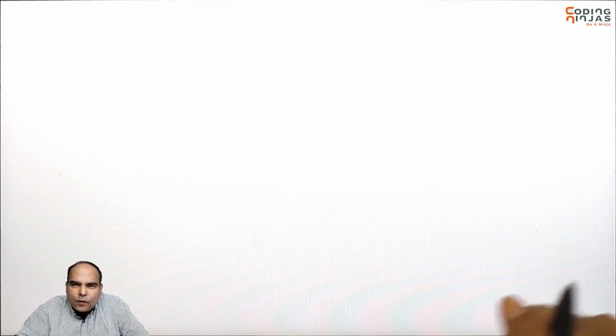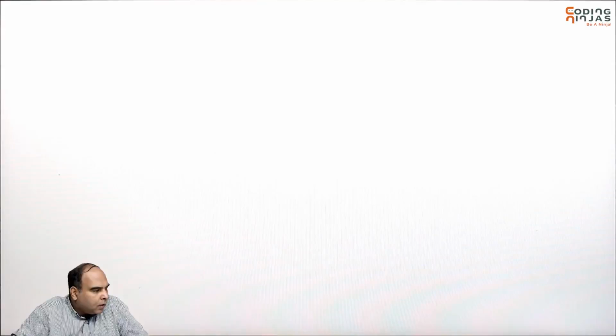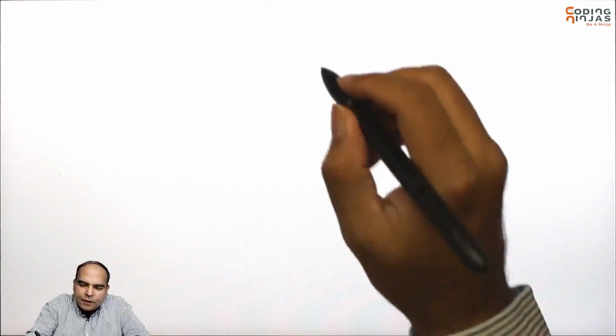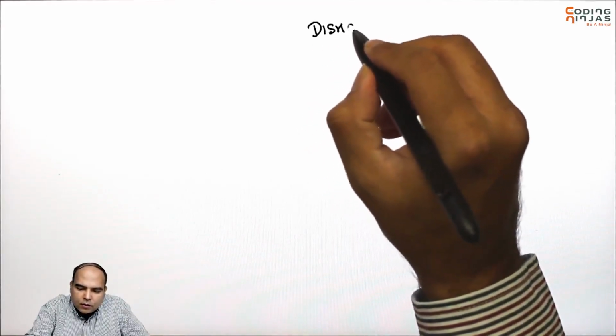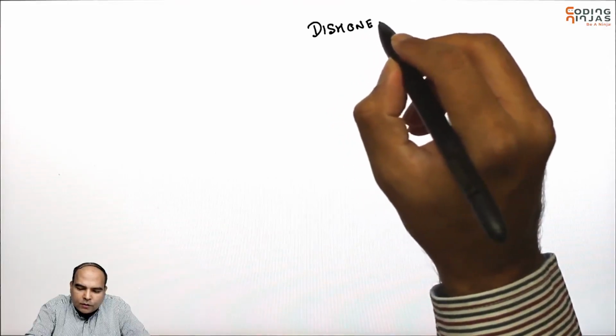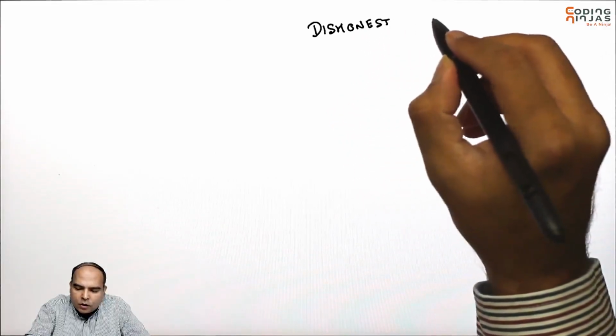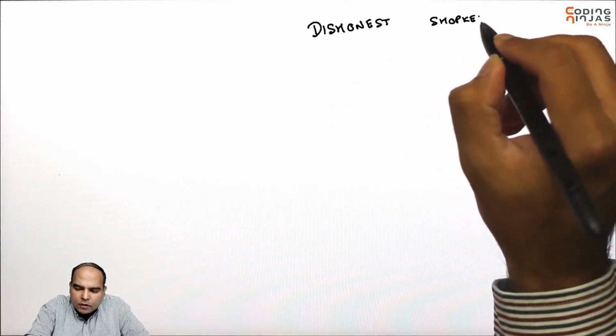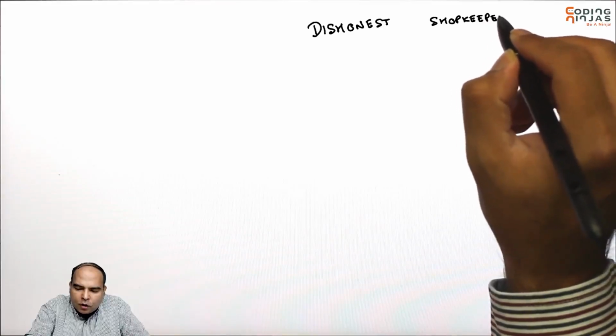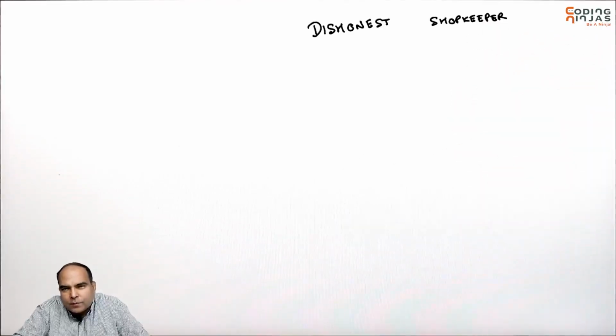And then there's an interesting question on profit and loss, which is classified as a dishonest shopkeeper question. This kind of question is again an important question type because it's often asked in a lot of exams, and it's an interesting question.